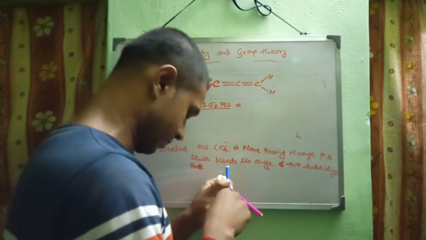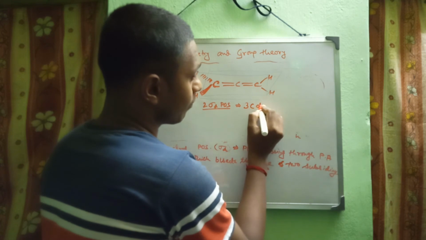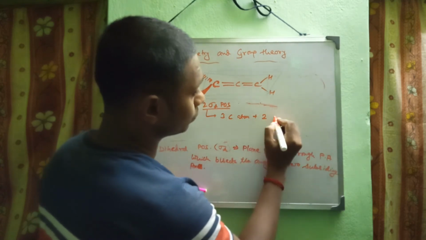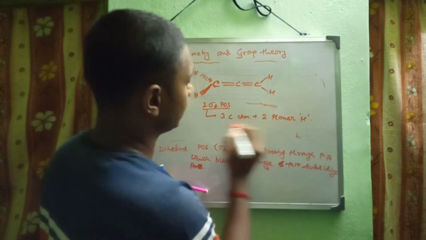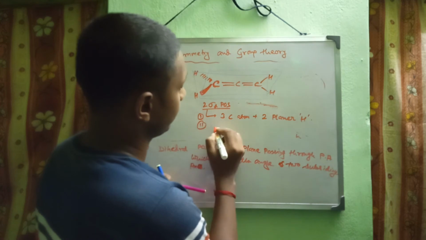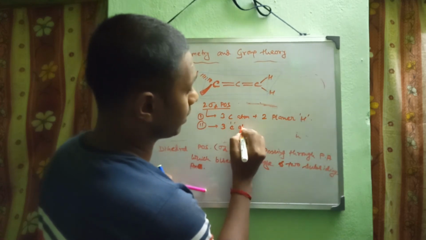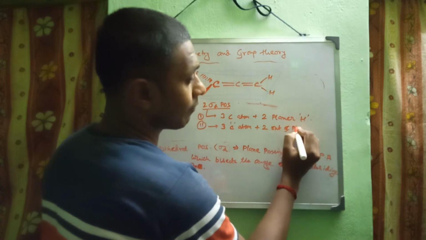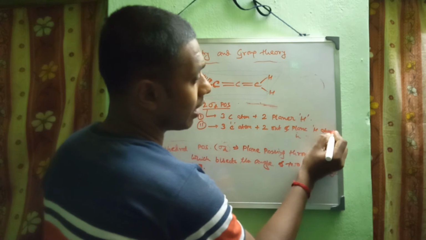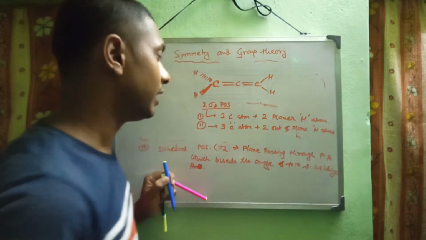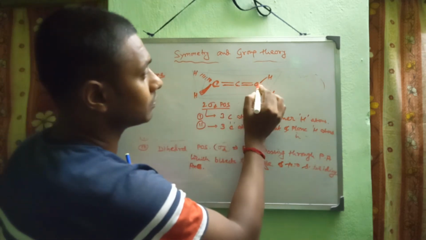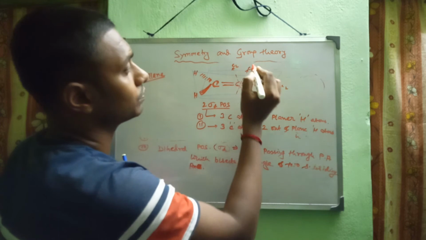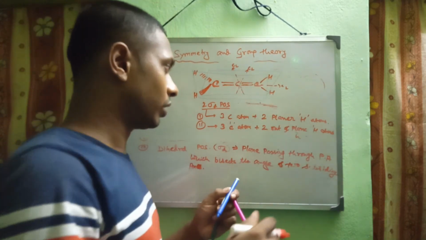So this plane of symmetry is on 3 carbon atoms plus 2 planar hydrogens, and the second one is 3 carbon atoms plus 2 out of plane hydrogen atoms. Clear? So it has a C2 axis. Okay.